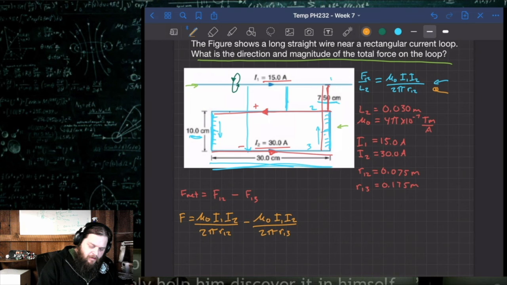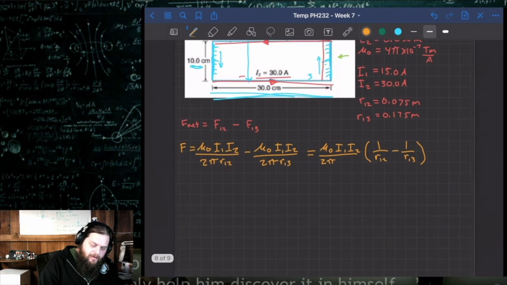And we can factor out all the common factors. The common factors I can see are mu naught, because that's in both of them, I1, I2, divided by 2 pi, and we multiply that by the difference, 1 divided by R1 to 2, minus 1 over R1 to 3.